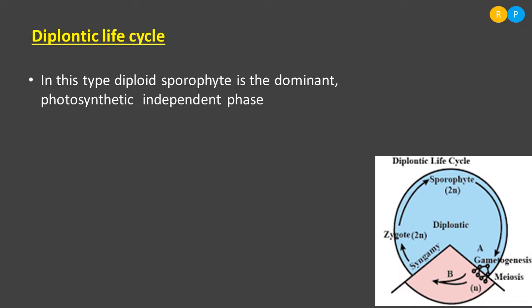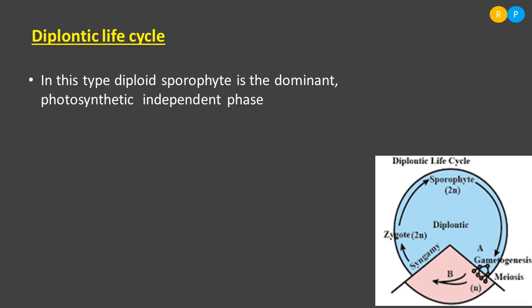Understood? And the plant is photosynthetic. That means it prepares its own food material. It does not depend on any other for survival. So the dominant phase is the diploid sporophytic phase, and that phase is photosynthetic and exists in an independent, free living state.